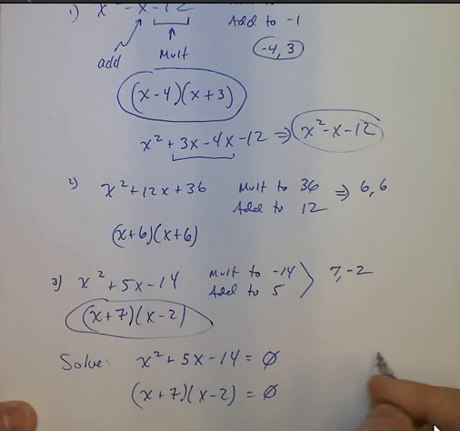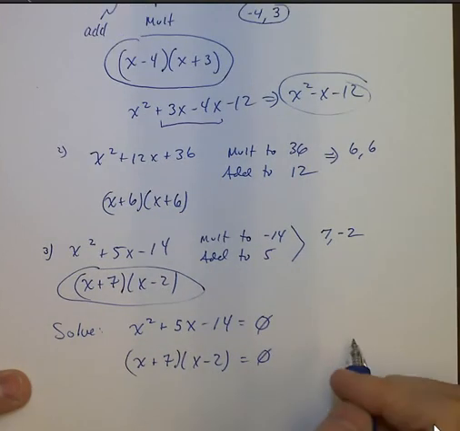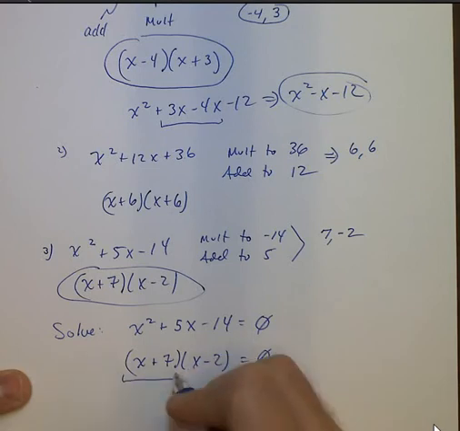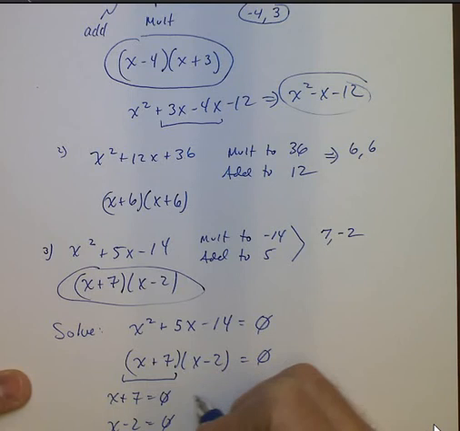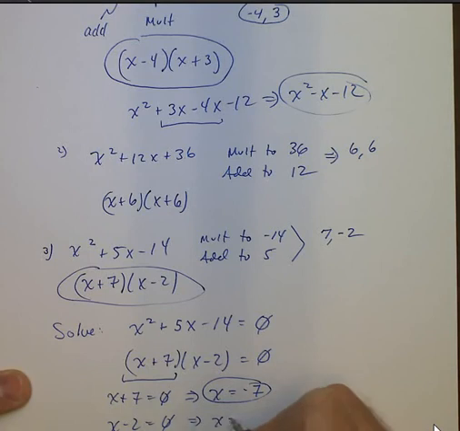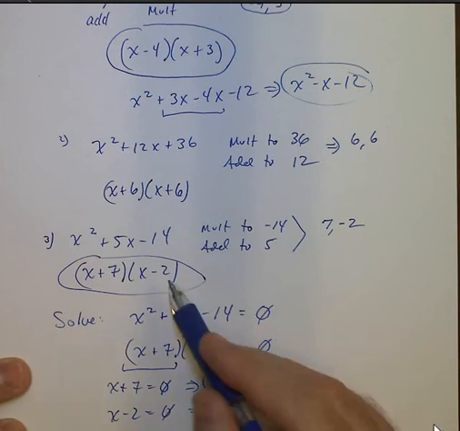Once you're done factoring, the solve step is to set each parenthesis individually to 0, meaning I take x plus 7 and set it to 0, and I take x minus 2 and set it to 0. When I set x plus 7 to 0, I get x equals negative 7. And when I set x minus 2 equal to 0, I get x equals 2. It's these two values of x that make this equation be 0.